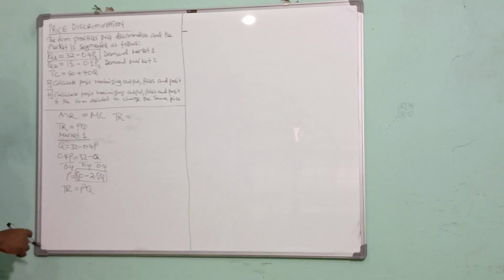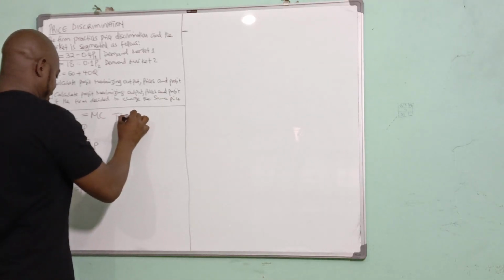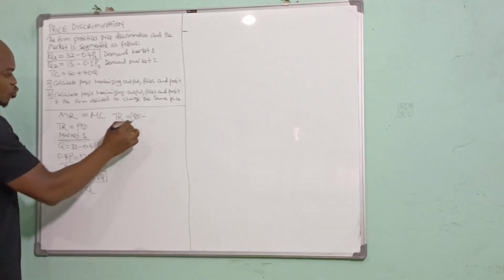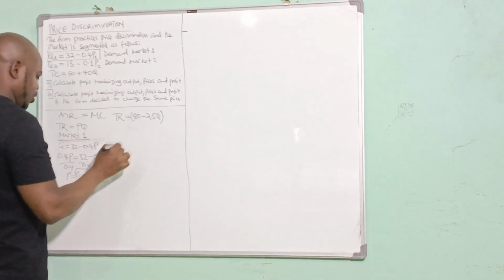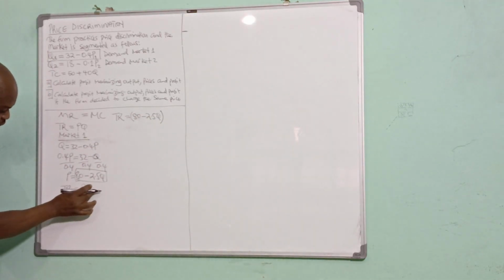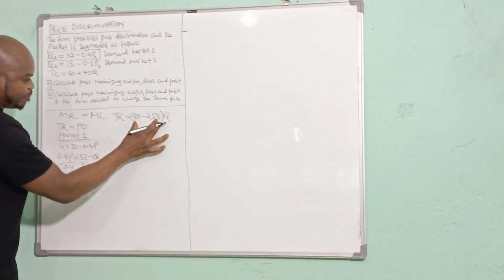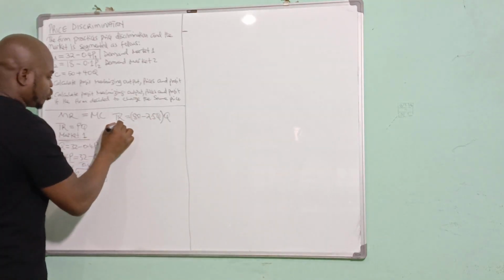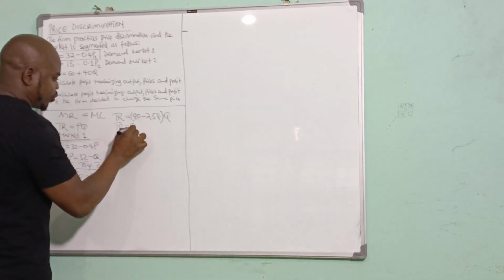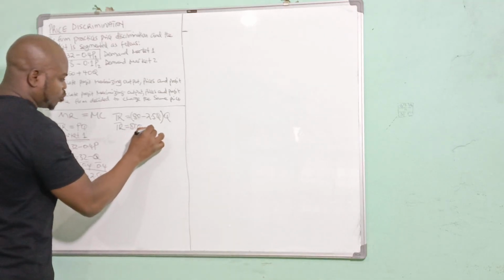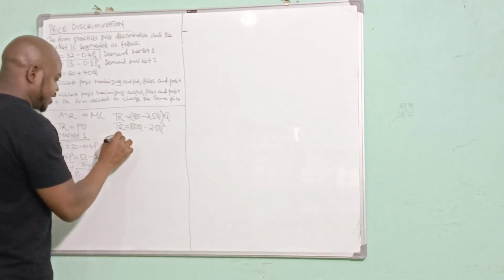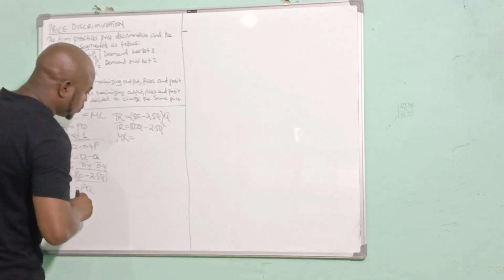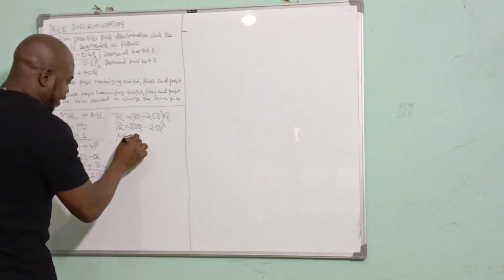So we have 80 minus 2.5 Q, and then this Q here will be outside. So I have the P here and the Q there. So my total revenue is 80Q minus 2.5 Q squared. And then I'm differentiating this to find the marginal revenue. This will be 80.